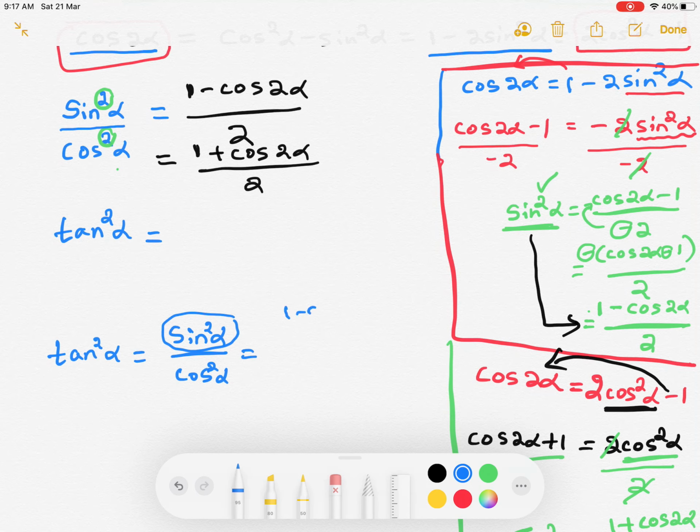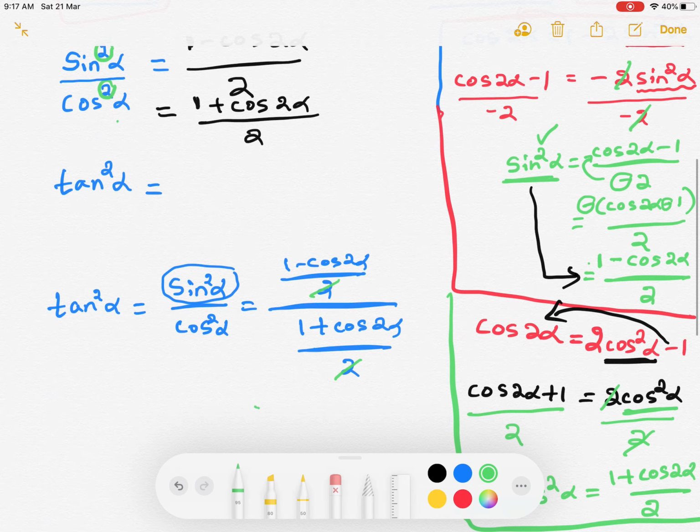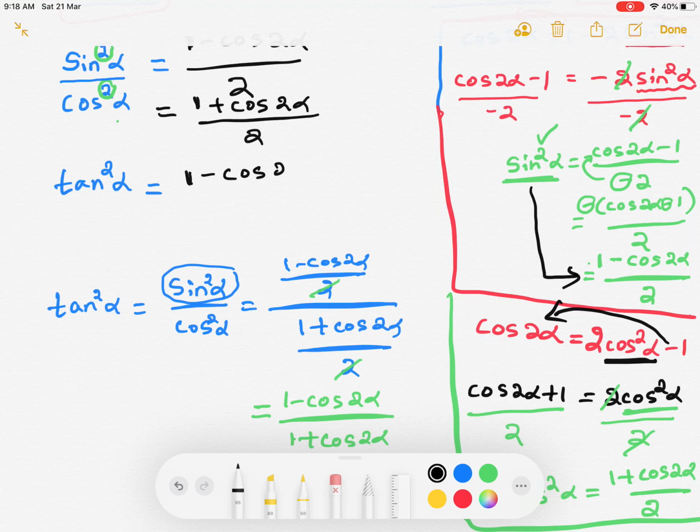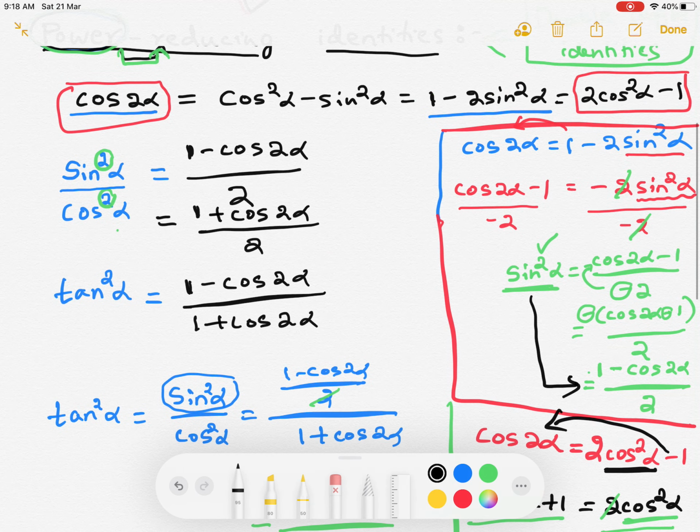We have sine square alpha equal to 1 minus cosine 2 alpha over 2, over cosine square alpha, 1 plus cosine 2 alpha over 2. Now 2 cancels. So what is left? 1 minus cosine 2 alpha over 1 plus cosine 2 alpha. So the formula is 1 minus cosine 2 alpha over 1 plus cosine 2 alpha.